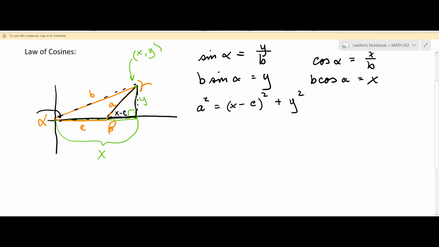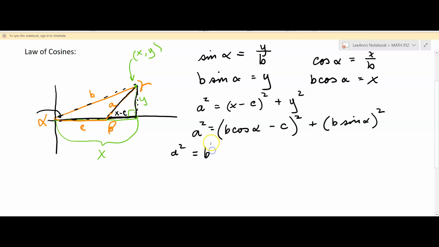Okay. But we have values for x and y. We just did that. So we get a squared equals, our x was b cosine alpha minus c, squared, plus, and then we have for y, (b sine alpha) squared. Now we're going to do some algebra. So we're going to square out that binomial. It's going to give us b squared cosine squared alpha minus 2bc cosine alpha plus c squared.